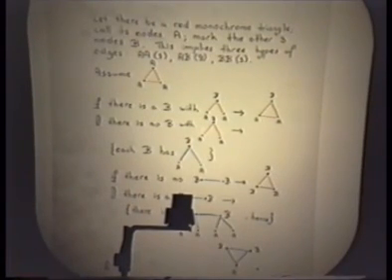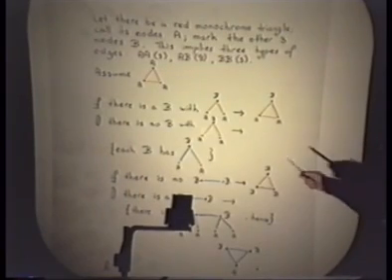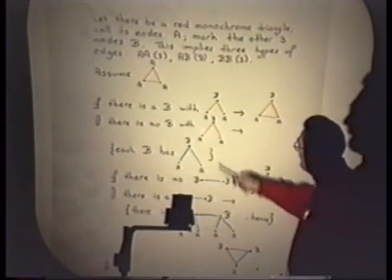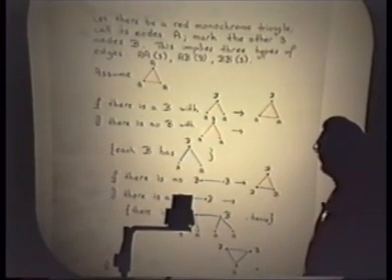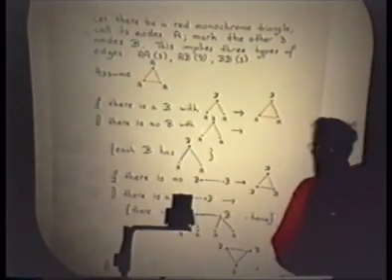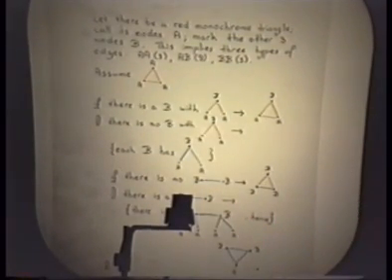Now, since there are three A's, if there is no B where two red ones meet, then each B has two blue AB edges meeting there.